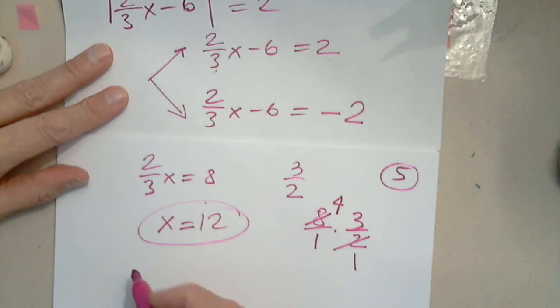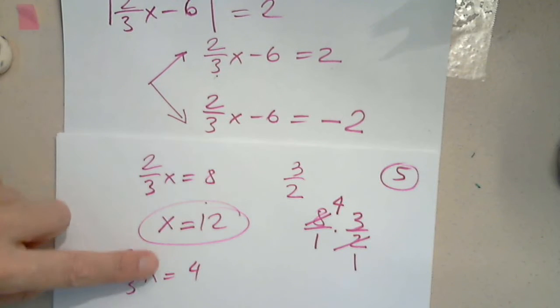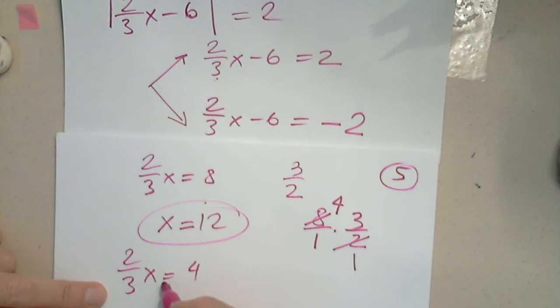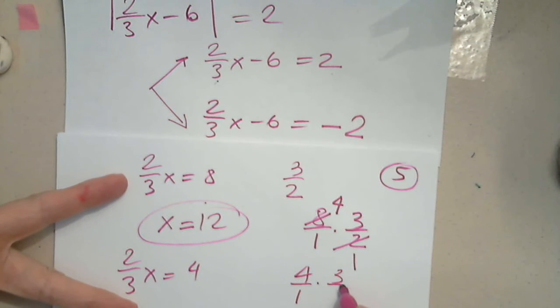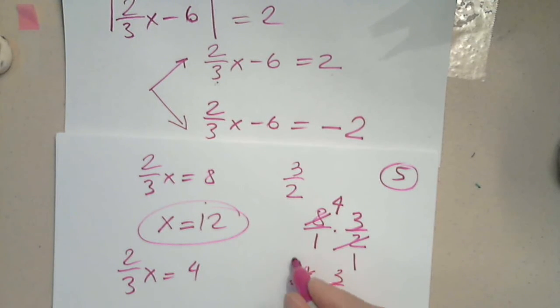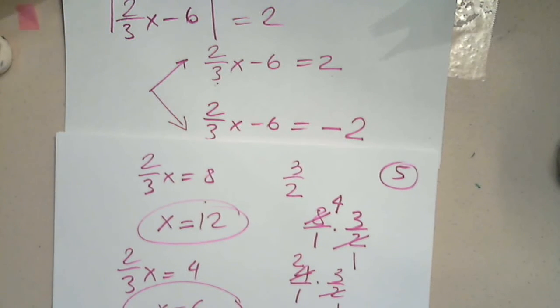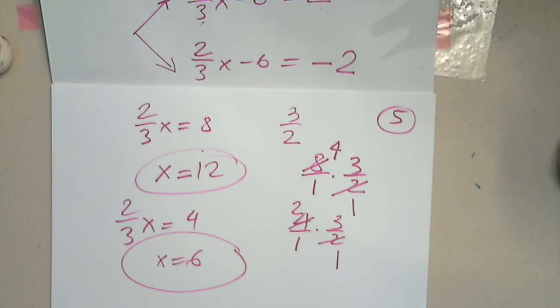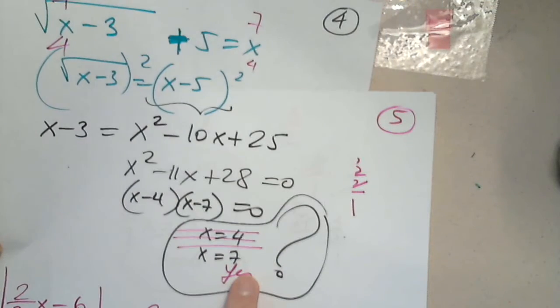I will repeat the process for 2/3 x equals 4, because when I add 6 I get 4. And the same thing, I multiply 4 over 1 times 3 over 2. I simplify first and get x equals 6. You can always go back and check. It's not a requirement. You can go back and check, of course, but it's not like here.